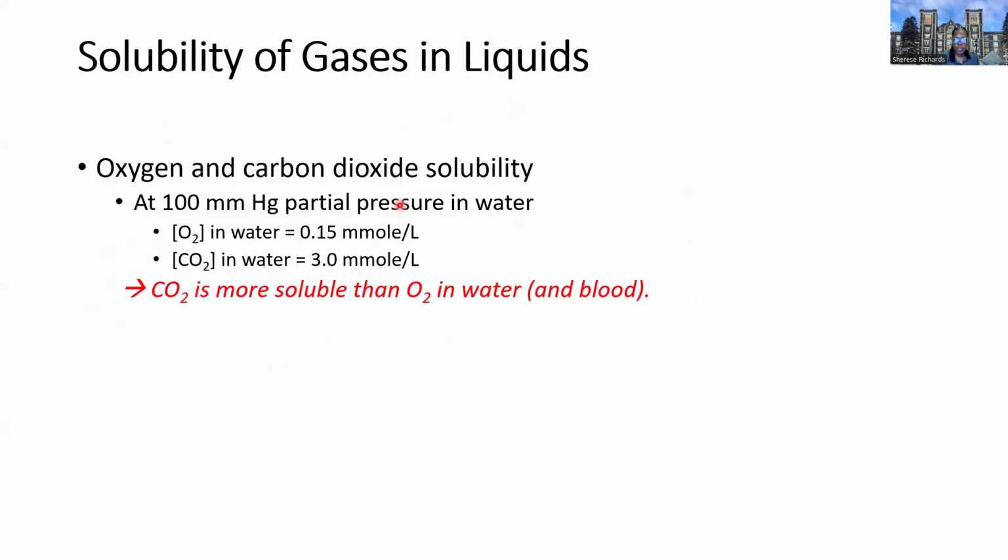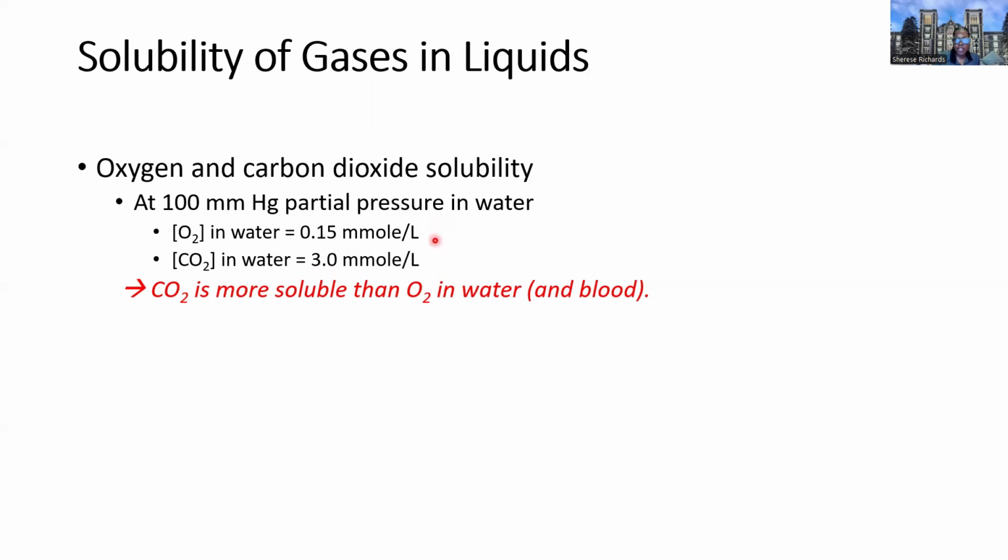Now, when we compare two of our common gases that are in air, oxygen and CO2, we can look at how their solubilities differ. So at 100 millimeters of mercury partial pressure in water, we're going to see that 0.15 millimoles per liter of oxygen is dissolving, while if we compare that to CO2, much more of that CO2 dissolves, right? 3 millimoles per liter of CO2 will dissolve into that water.